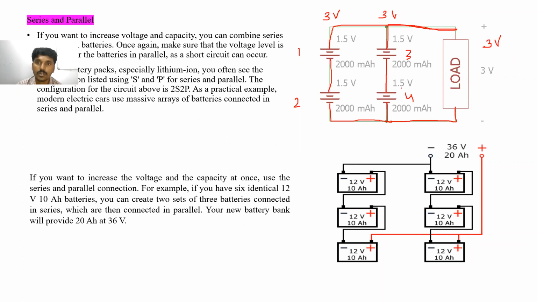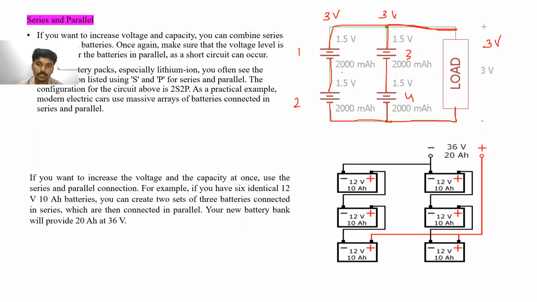3 volts. And what about the current ratings? The rated capacity of cell 1 is 2000 milliamperes hours, the second cell is 2000 milliamperes hours, the third cell is also 2000 milliamperes hours, and the fourth cell is also 2000 milliamperes hours. Clear?